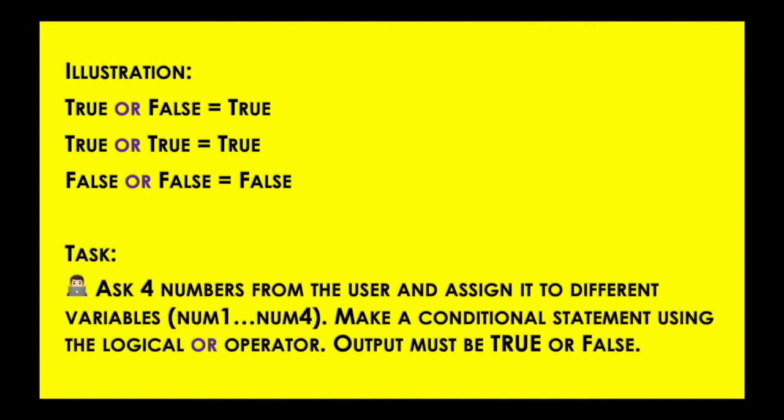If they are both true, then it will also be true automatically, and if they are both false, the answer will be false. For the task, ask for numbers from the user and assign them to different variables, number 1, number 2, number 3, up to number 4, same as our previous task, and make a conditional statement using the logical OR operator. The output must be true or false.